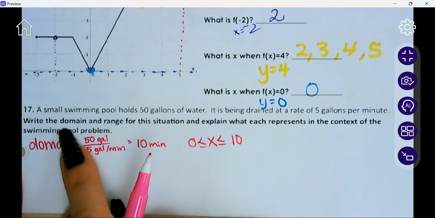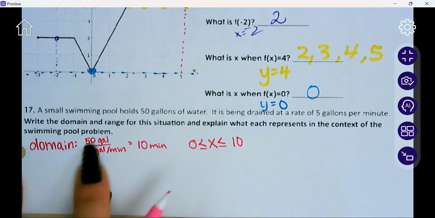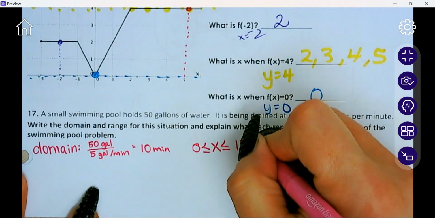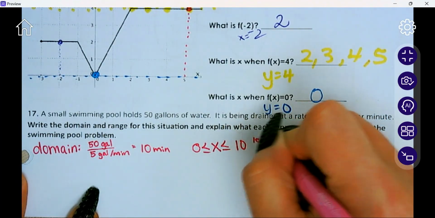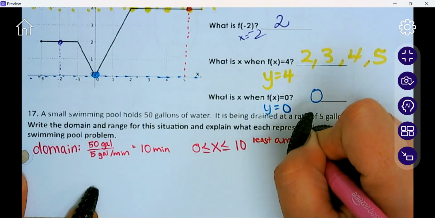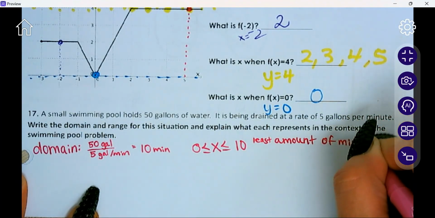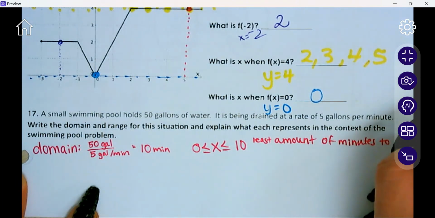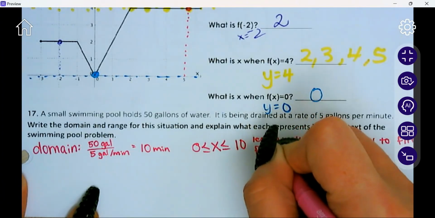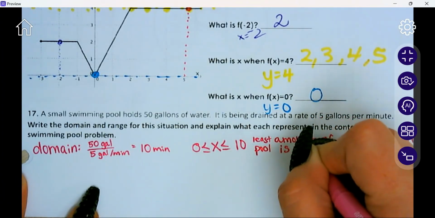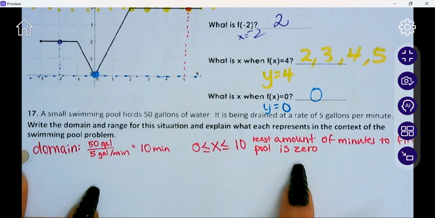Okay. And then it says explain what it represents in the context of the pool problem. So the least amount of minutes to drain the pool is 0, right? Probably won't be 0, but physically possible would be 0.